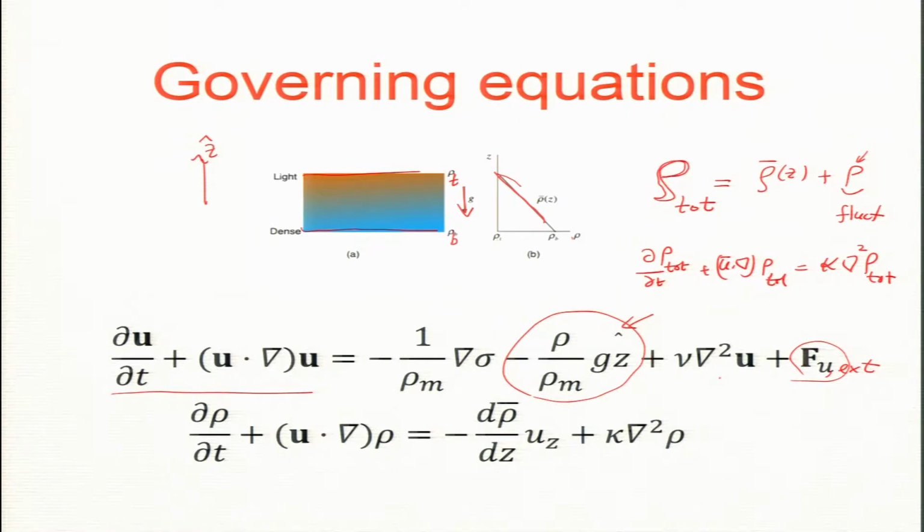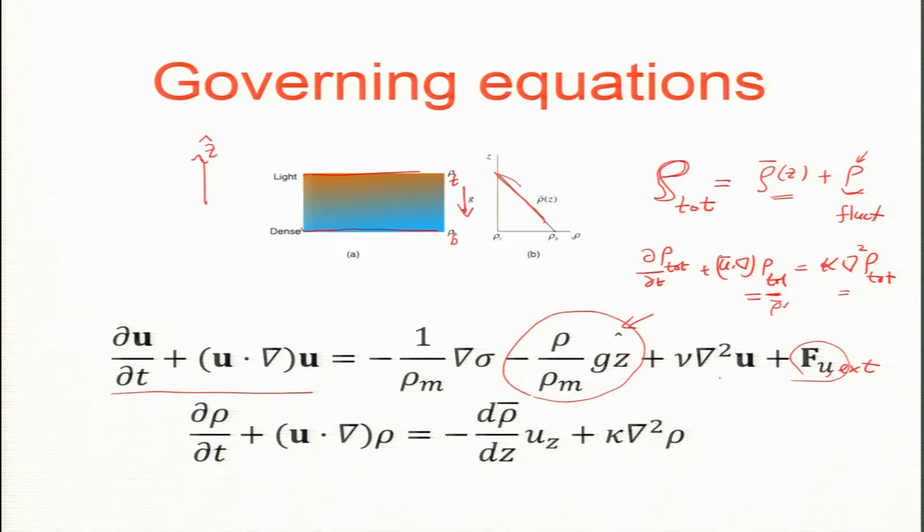This density equation is like mass conservation, but while doing mass conservation there is a flux term plus a diffusion term. So, this we did for the scalar. I would recommend that you please try to derive it yourself. Now, rho total has two parts, rho bar z and rho fluctuation. If I put this here, what will I get?